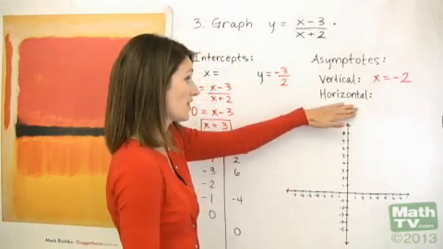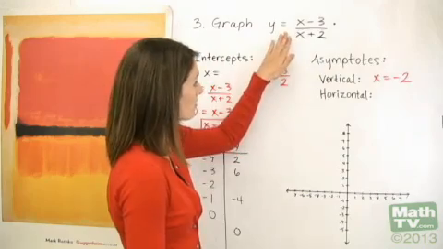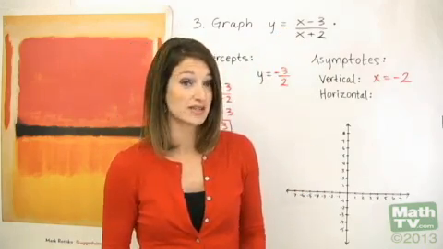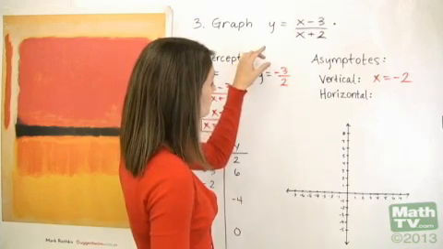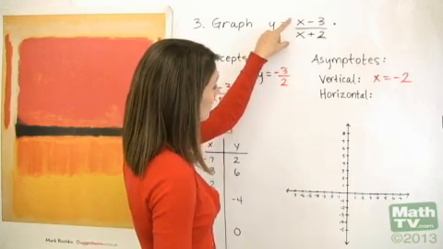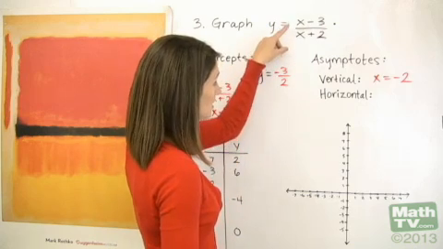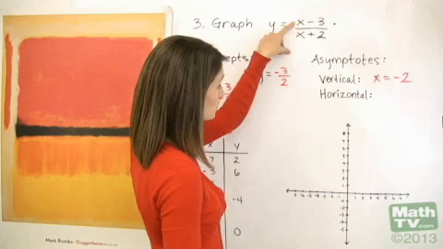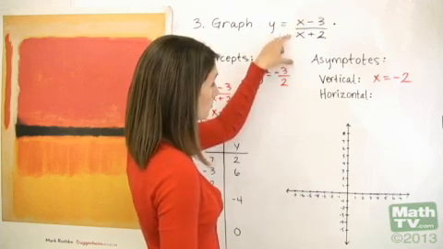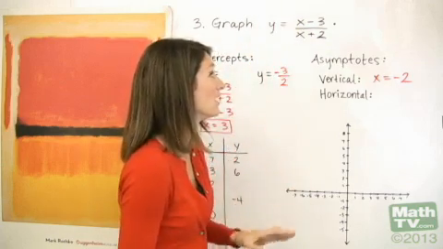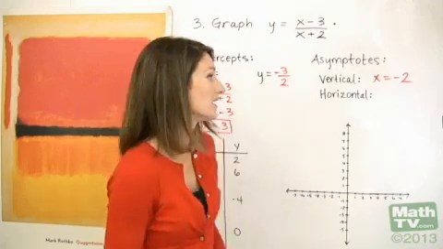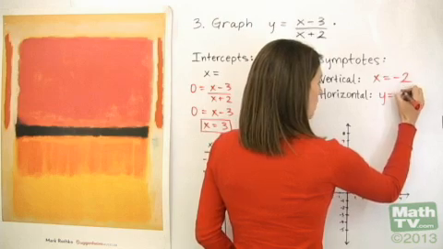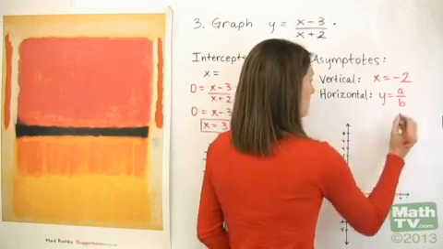Now for horizontal asymptotes, we're going to look at our polynomials in our function and pay attention to their degrees. So if you look at the degrees here, we see that we have equal degrees. Each degree on this first term of the polynomials is 1, and they're equal. And when we have a case like that, then our horizontal asymptote is equal to the line of y equals a over b.